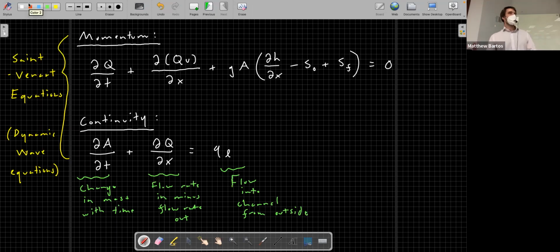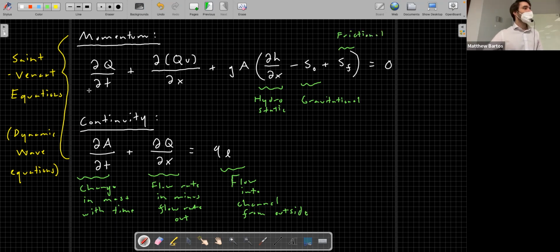The momentum equation, as I described it before, is essentially stating that the change in momentum within a control volume has to equal the sum of the forces acting on that control volume. Our forces are the hydrostatic, the gravitational, the frictional.